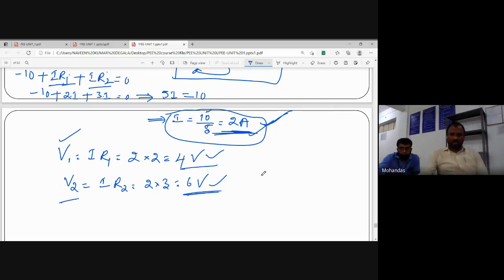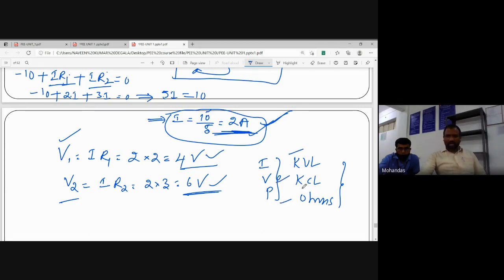So the total circuit analysis is all about finding the current, voltage and power, three electrical quantities, by using KVL, KCL and Ohm's law. These three laws are very basic laws which are useful to calculate. If you know these fundamentals very well, we can solve any circuit.